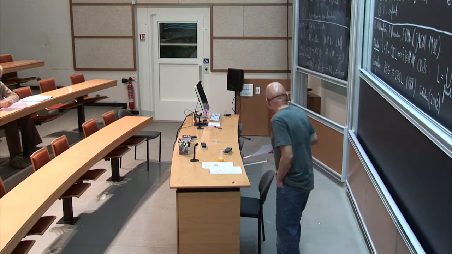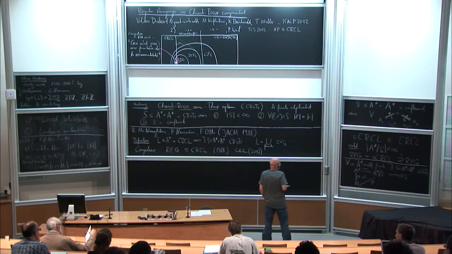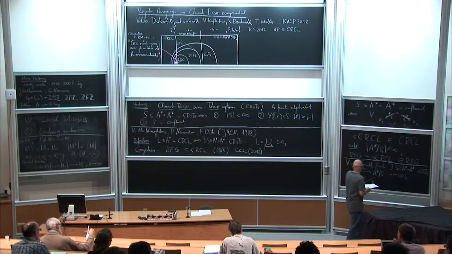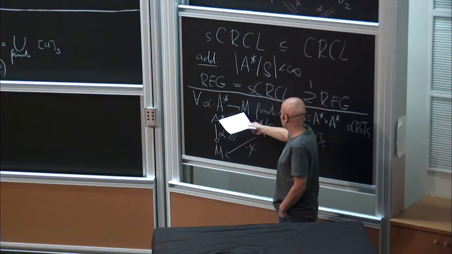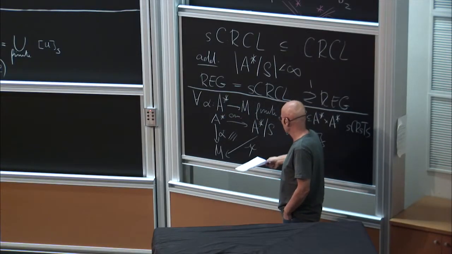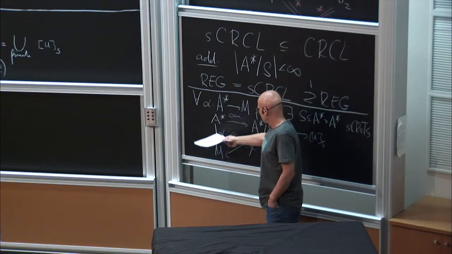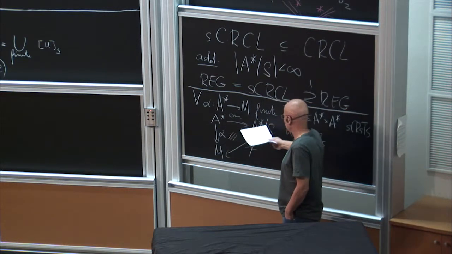Okay. So the setting is this. Let's repeat. We have an arbitrary homomorphism from some A star, the free monoid, to M, where M is a finite monoid. We want to factorize it through the system.